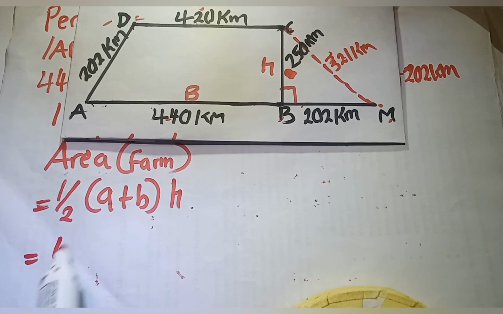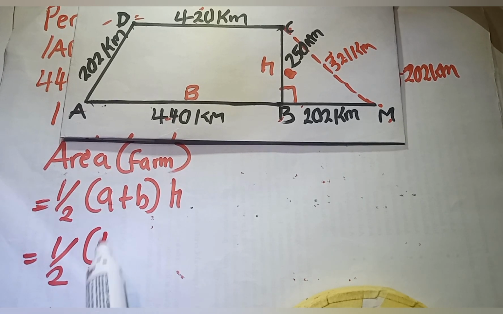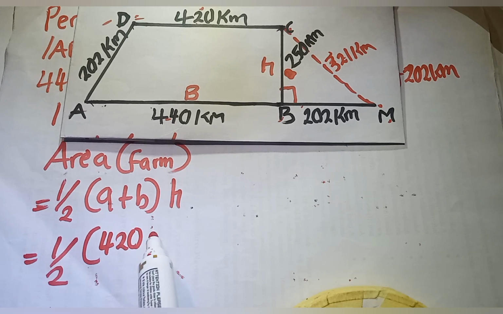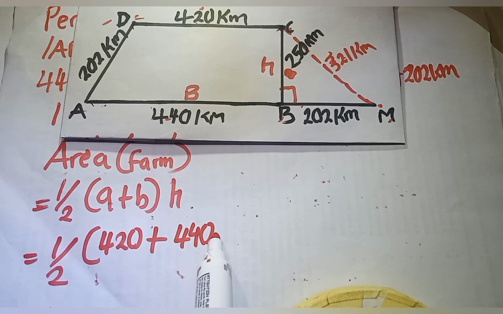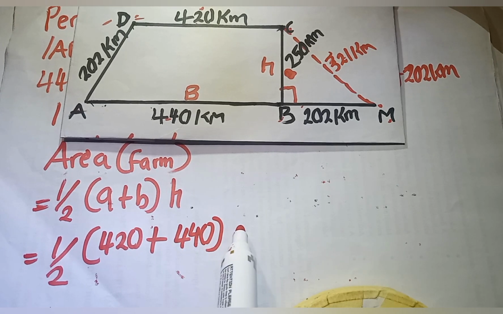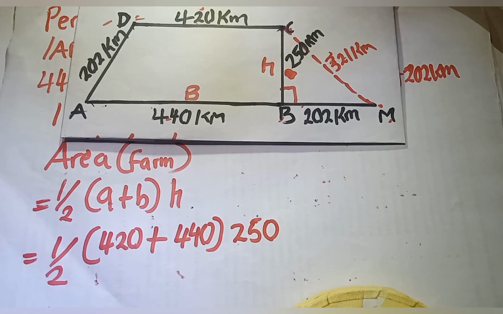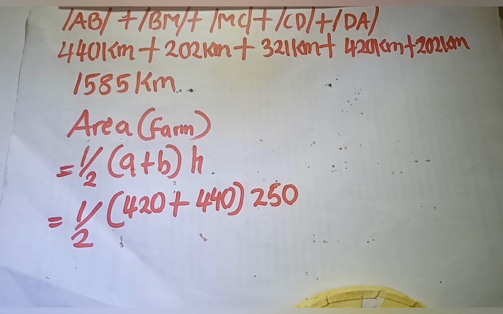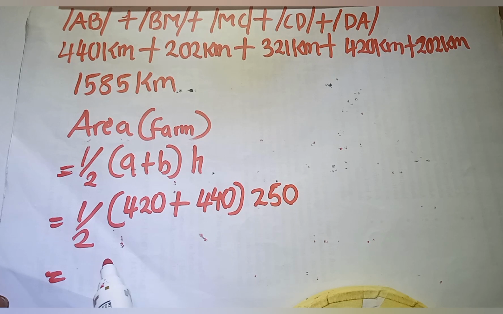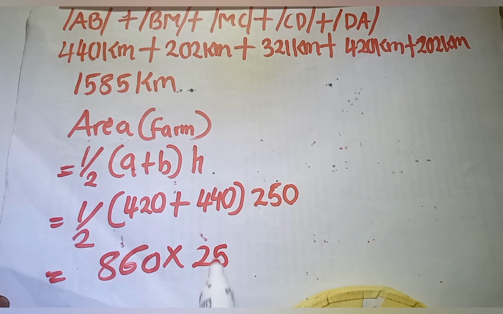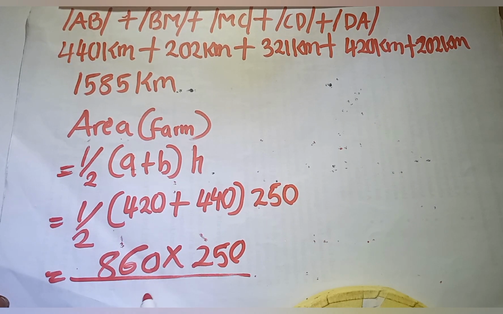So I'm going to have 1/2 into bracket: what's A? A is 420 plus B. What's B? 440 kilometers, and then multiply by 250 kilometers. Open the bracket: this plus this is 860 multiplied by 250, all over 2.